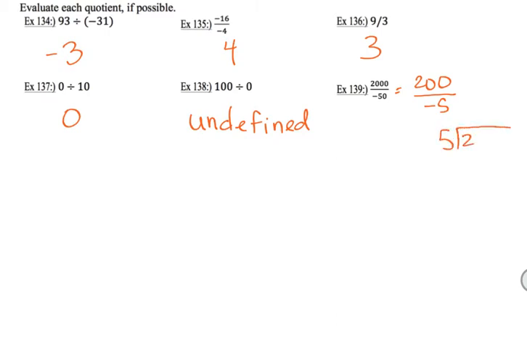Ignoring the signs and just doing the division, 5 goes into 2 0 times, 5 goes into 20 4 times. Bring down the 0, 5 goes into 0 0 times, and now I'm at the decimal point. I've got remainder 0. So the answer here is 40, and it's positive divided by negative. The answer is going to be negative 40.